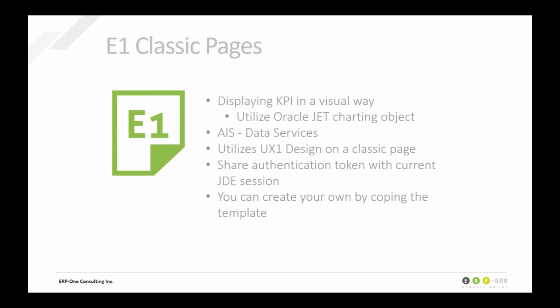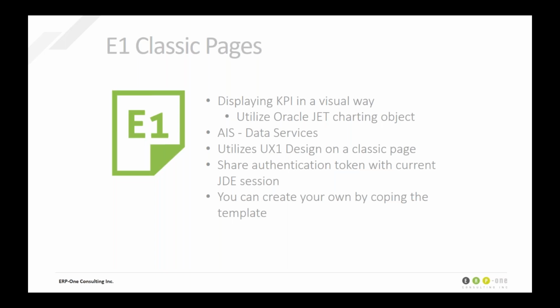So another area that you can use AIS for is that it's actually used on the classic pages, and Oracle has created several samples of this, so I'd like to take a moment to describe them and show them a little bit so we can see where it's used. They're actually utilizing Oracle Jet, if you were at last week's presentation. Jet is Oracle's JavaScript extension toolkit. It's an open source way of doing development.